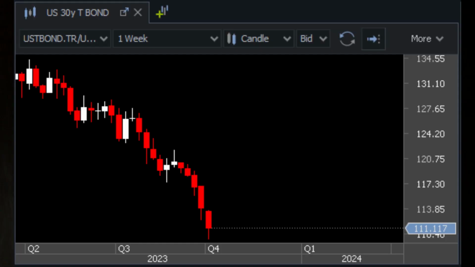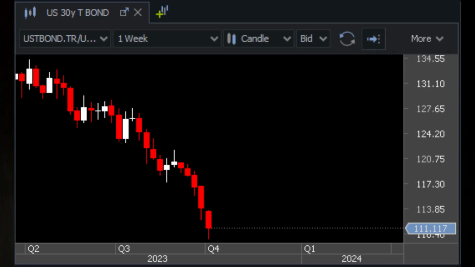This is the futures contract on the price of the 30-year US Treasury bond. Now, it doesn't take a financial analyst to tell you this is going down, right? So this is in a bear market, or it is bearish. Okay, so that's the different ways you can use the term. Or you can also say, I'm bearish on the price of T-bonds.